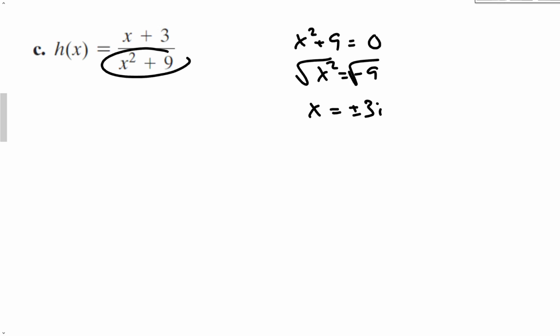Okay, because this is imaginary numbers, because there is no real number that makes the denominator equal to 0, this function is defined for all real numbers. So the domain here is all real numbers, or the domain here is from negative infinity to positive infinity.